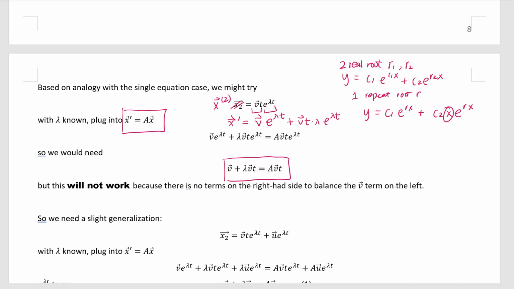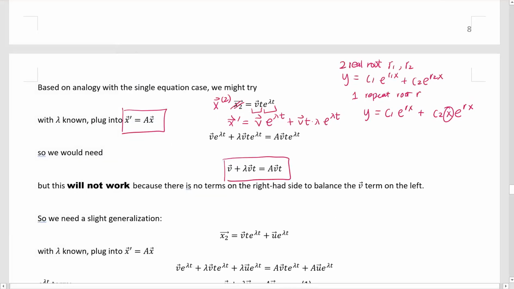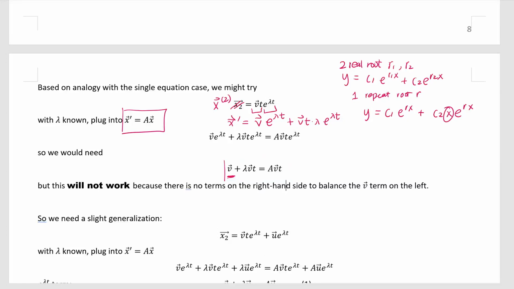But this will not work, because there's no term on the right hand side to balance with the v term. Looking at the constant term, we have v on the left, but we don't have a constant term on the right. The terms with t are fine, but the constant term has nothing on the right hand side to balance with v. So this won't work.